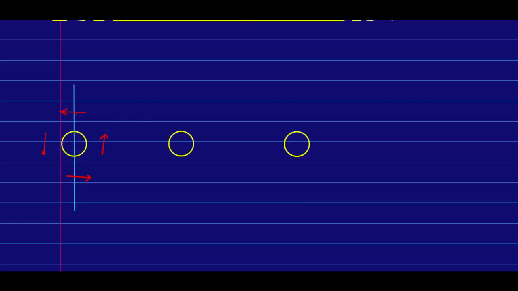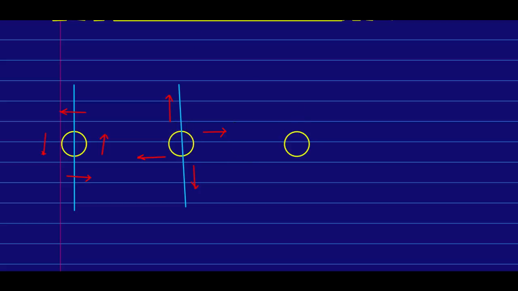Similarly, if the field is somewhat, I will say, offset from the center, something like, say, this, that also violates this symmetry because, again, this moves over to here, and this moves over to here, and this flips direction and ends up over here, and this flips direction and ends up over here.